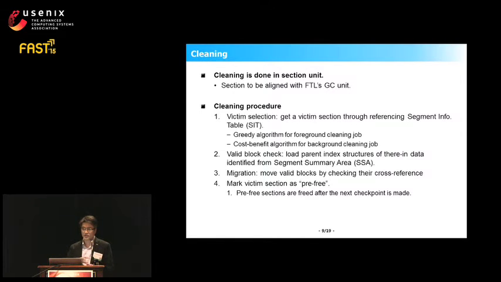If the unit of garbage collection in the file system layer and flash translation layer is different, it would be a problem for FTL, because even though the file system cleans some data, some data is still remaining in FTL erase blocks. So that should be aligned together to have perfect cooperation. The section unit should be carefully chosen to match that size.